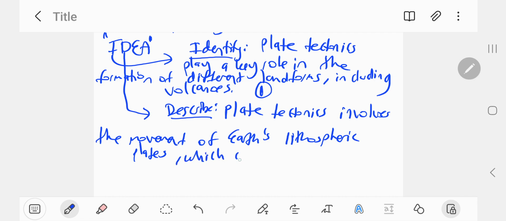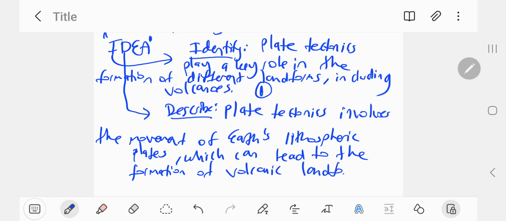Plates, which can lead to the formation of volcanic landforms. Okay, that's my next mark. So I've described, plates when they move, specifically lithospheric plates, they can lead to the formation of volcanic landforms. So that's my description there, brief description.